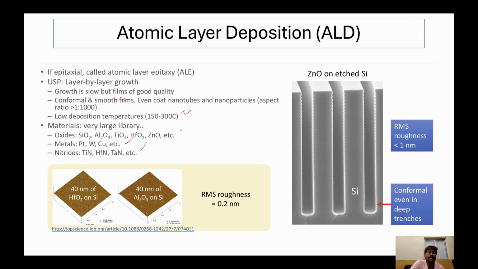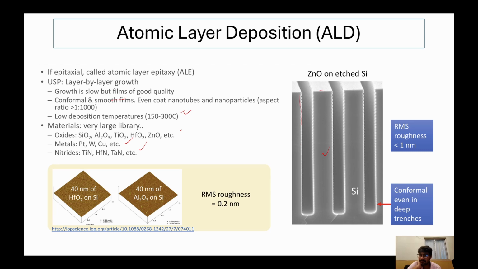Let us see. Another thing is it is more conformal, as we have seen, completely following whatever structure is underneath. This white layer is zinc oxide, and this is silicon, and the white layer over that is a few nanometers thick, less than 1 nanometer, and it is completely following this trench, whatever step is there.